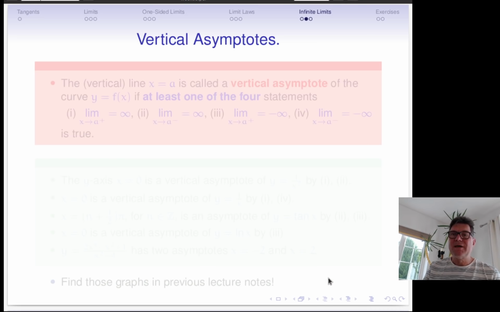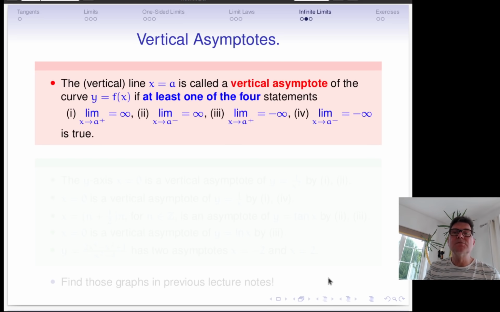In both cases, we call the vertical line through this point where the function is not defined a vertical asymptote. The vertical line with the equation x equals a is called a vertical asymptote of the curve y equals f of x if at least one of those four statements is true.